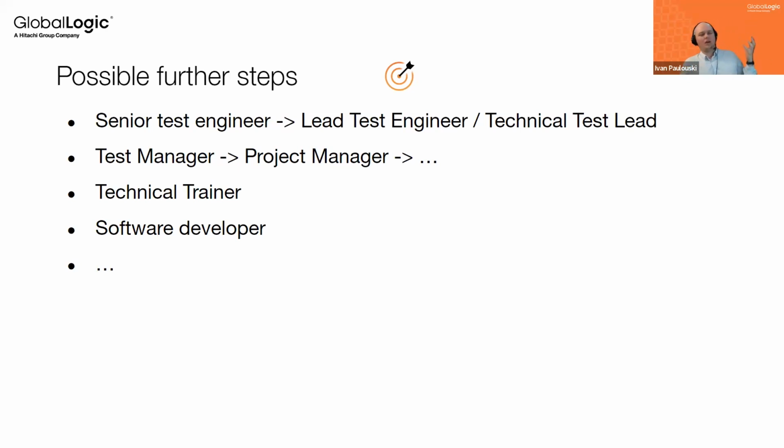If you started as a trainee, you will go trainee, junior, middle, senior, lead test engineer. Or, if you mostly like the technical part of this field, you can become a technical test lead, or if you'd rather work with people, you can become a QA team lead.